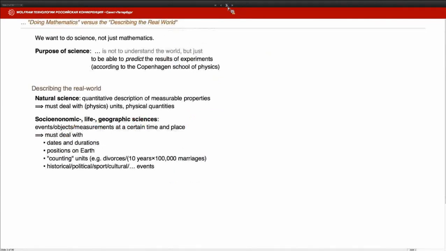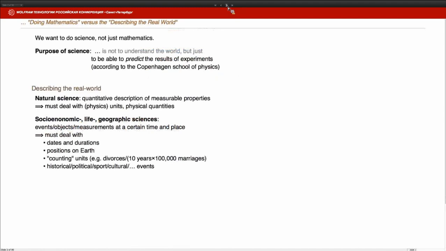Because the purpose of science is to predict the result of possible experiments, at least according to the relatively conservative Copenhagen School of Physics in the Bohr-Heisenberg line of thought. So to describe the real world, we must add to the Wolfram language things that Mathematica didn't have.